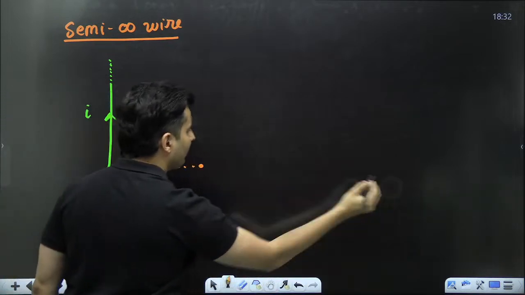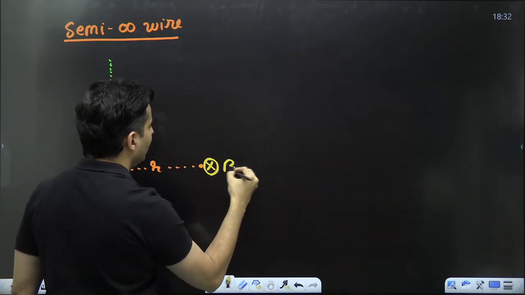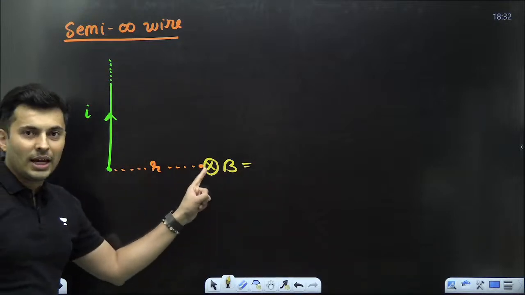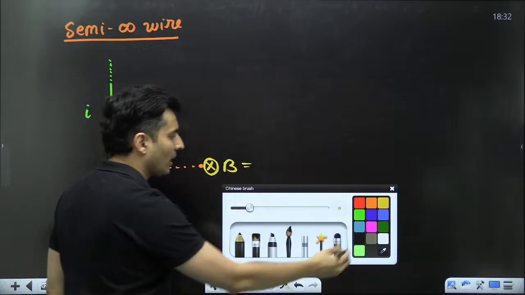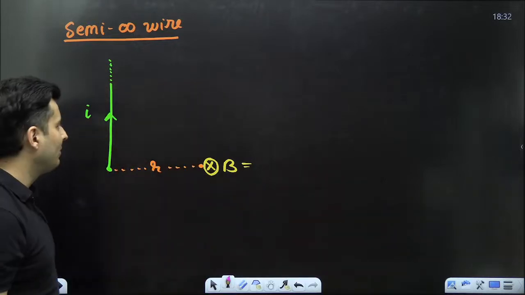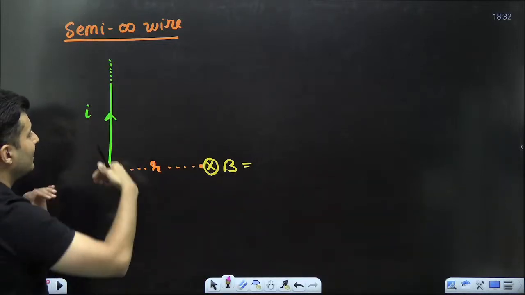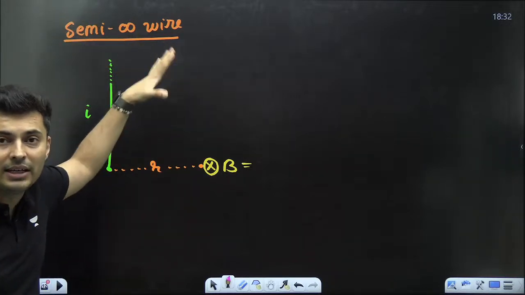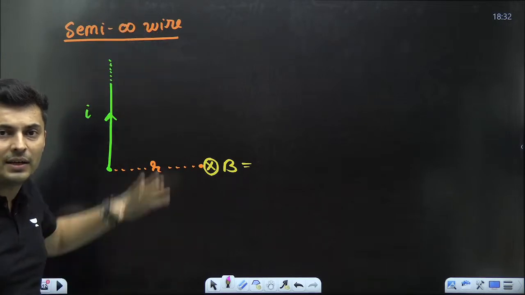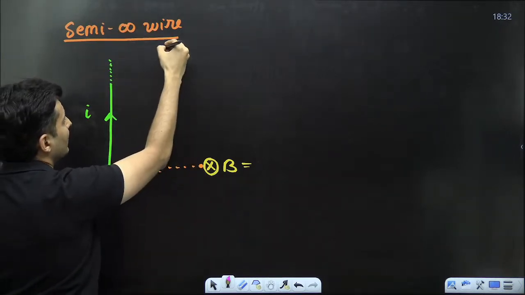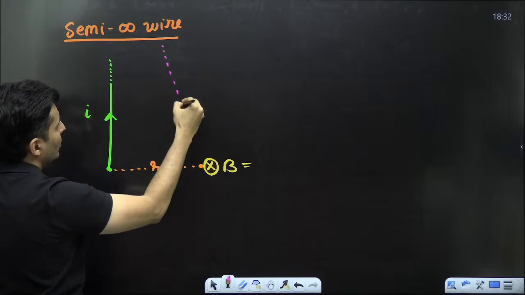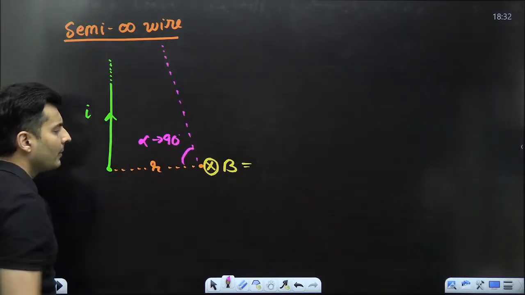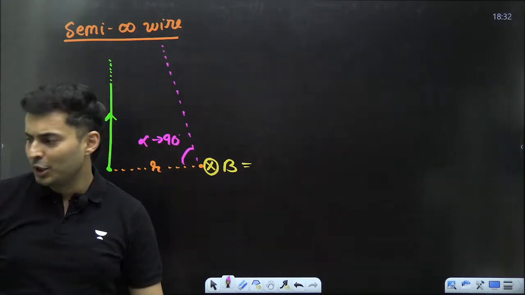So the magnetic field will be given by, first locate the endpoints, so that I know the value of alpha and beta. It is infinite only on one side, that is why the word semi, half infinity, not both sides. The first endpoint is over here, so you can see this alpha will be basically 90 degrees.